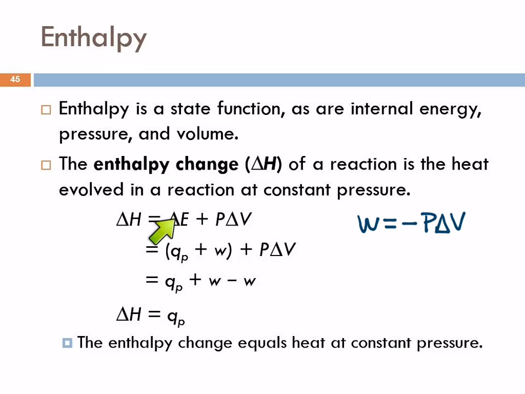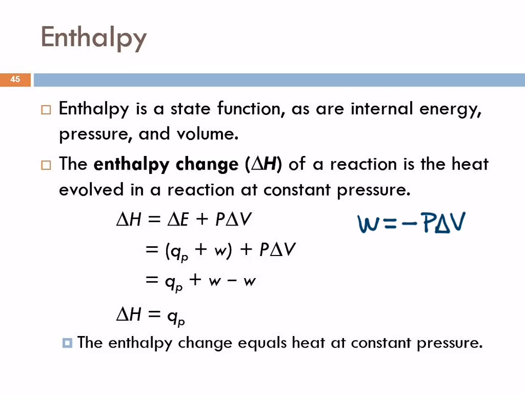So we previously said that delta E was Q plus W. Now we put a P on here because it's not the volume that's being held the same, it's the pressure that's the same. So delta E is Q plus W, and then we've got this plus P delta V. Well, P delta V is equal to negative W. And so we end up with QP plus W minus W. And so delta H comes out to be the heat exchanged at constant pressure.